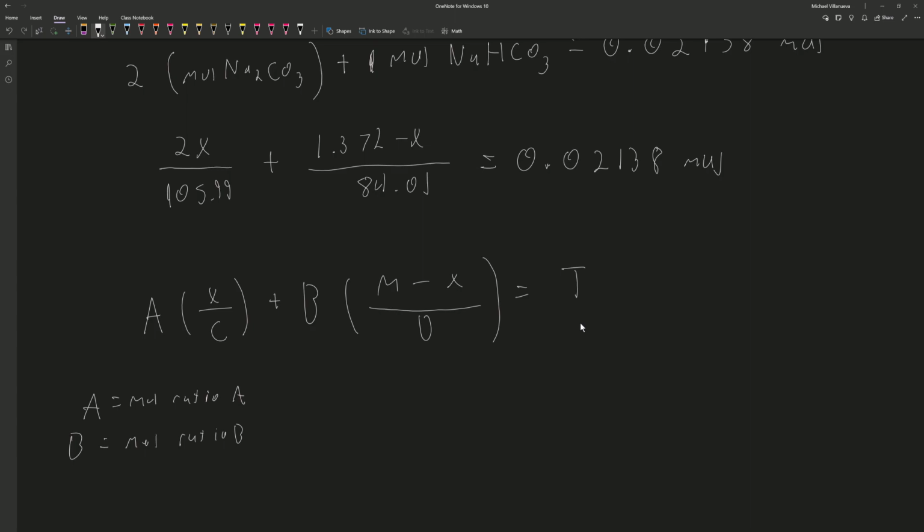What is our C? C equals molar mass of A. D equals molar mass of B. M equals total mass.